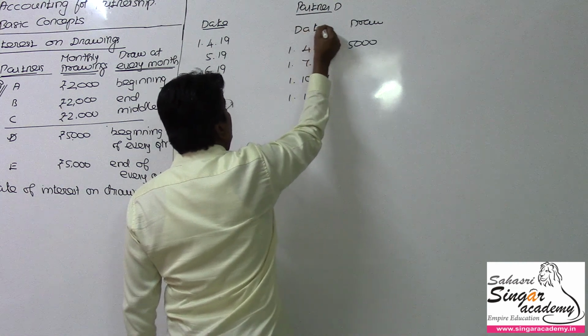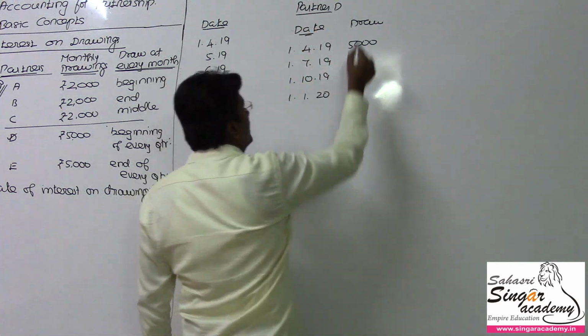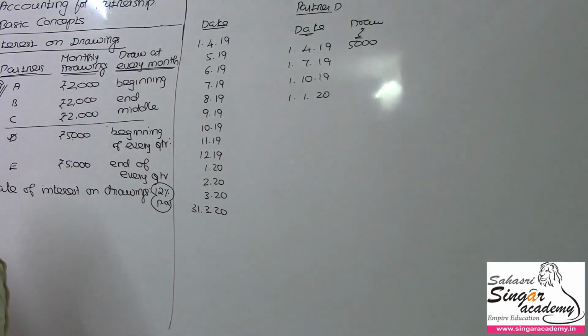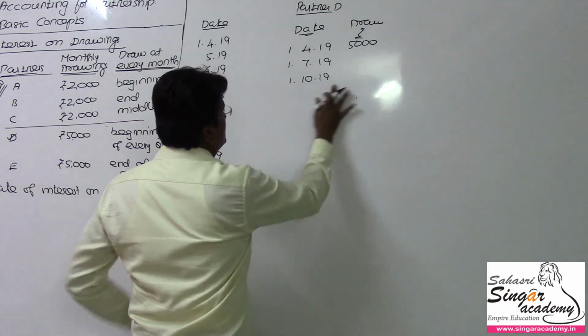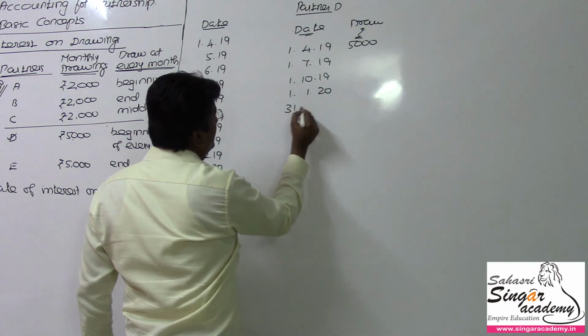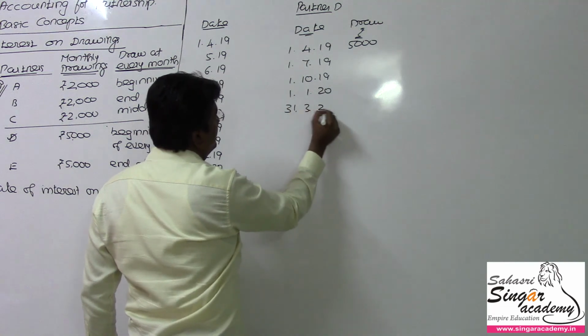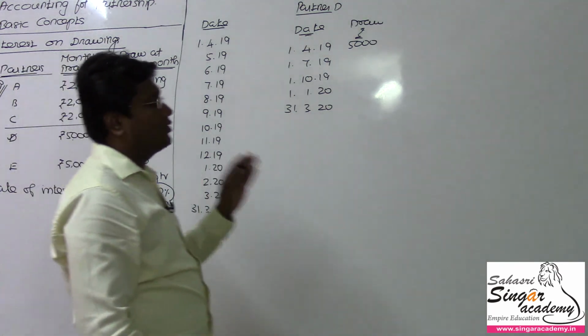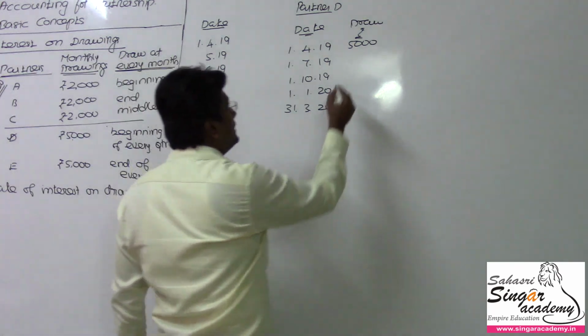Date of drawing as well as the amount of drawing. Clear? And we have to calculate interest for his drawings. The year ends on 31st March 20. From the date of drawings to the year end, you have to calculate interest for each and every item.